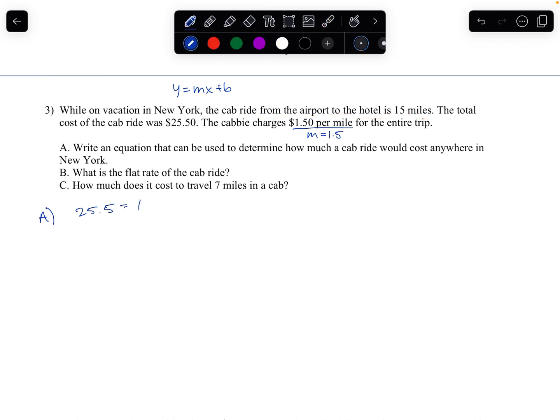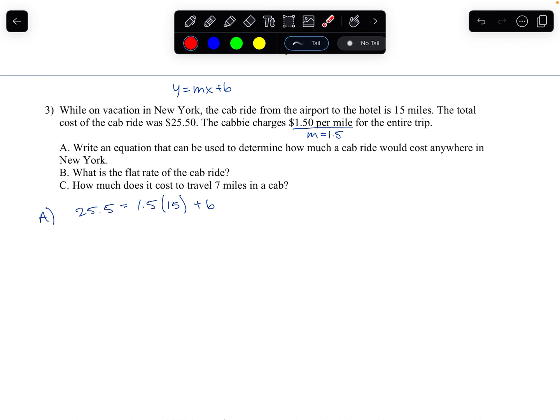And so it's $1.5 for every mile, and we're going 15 miles, right? And then we'll say plus b. This right here will indicate the initial cost, if there is any, right?